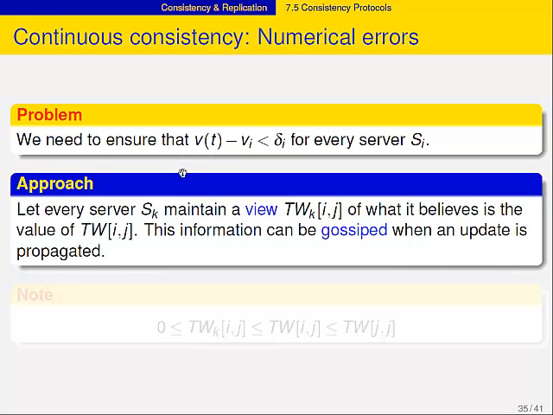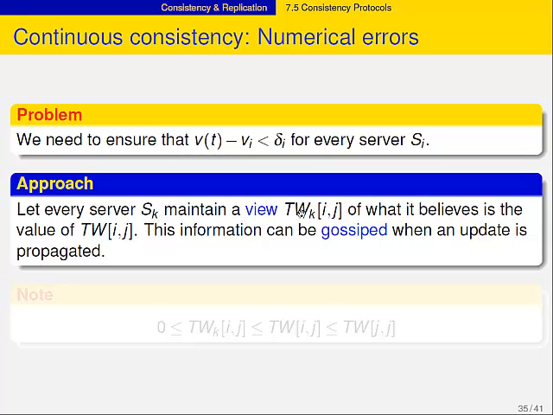Every server, Sk, maintains a view, TW(k,i,j), another parameter, of what it believes is the value of TW(i,j). So here I am, a server, Sk, and I've got to get a feeling of what's going on at server Si.